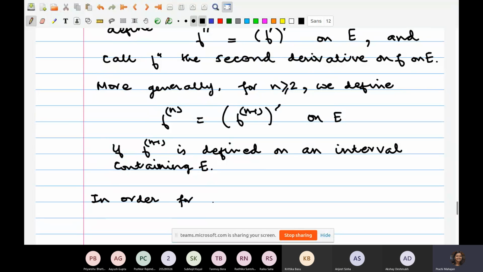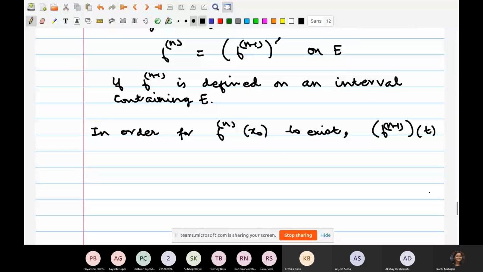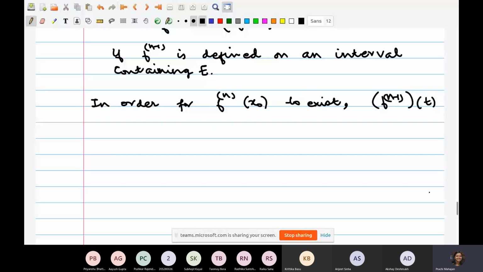So in order for the nth derivative of f to exist at the point x naught, it is required that the (n-1)th derivative of f exists and is defined on a neighborhood of the point x naught.